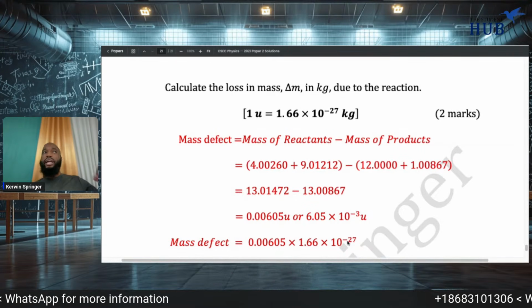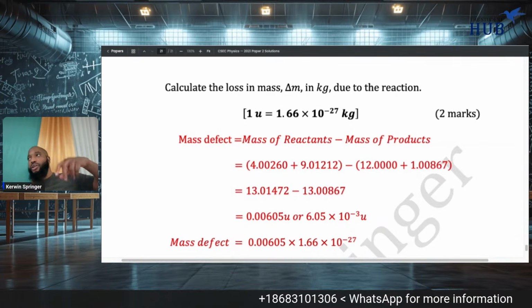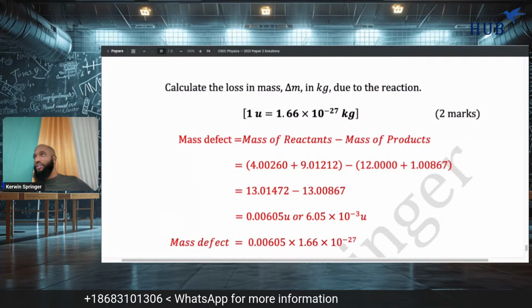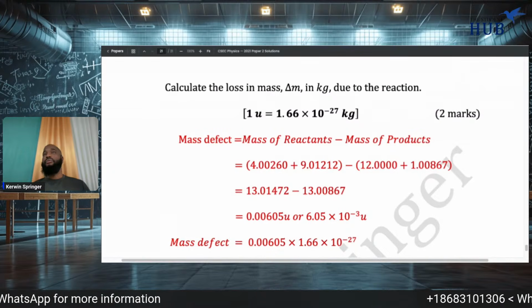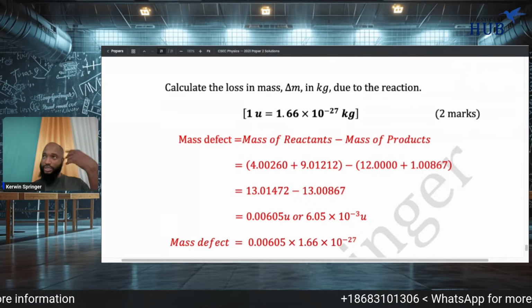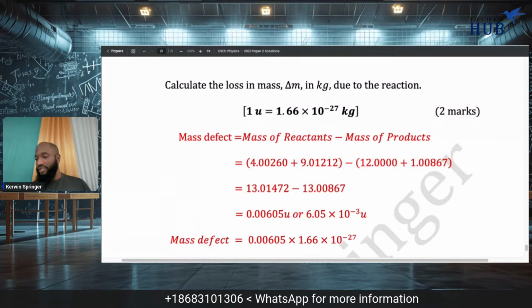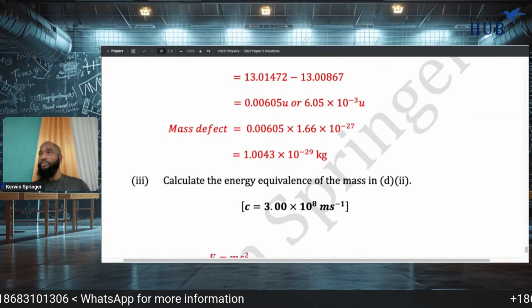So after you get your mass defect in U, you multiply by 1.66 times 10 to the power of negative 27. What's the last step? Yes, E equals mc squared. So you take it and put it in m. You don't square that, you square c. That's the last step.